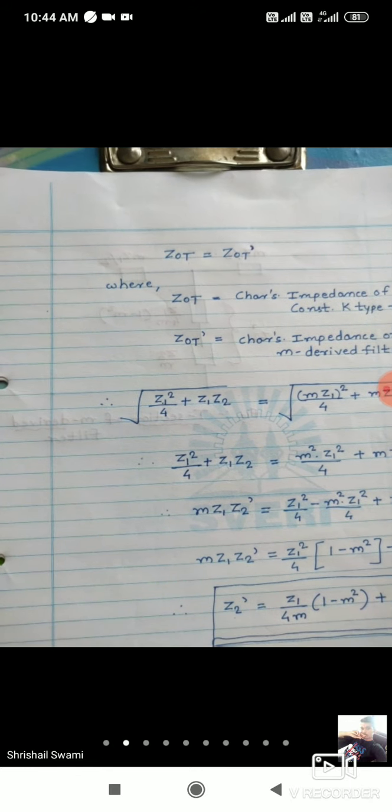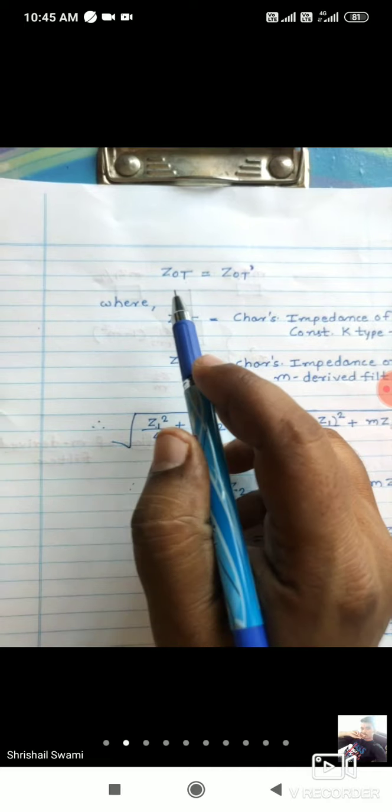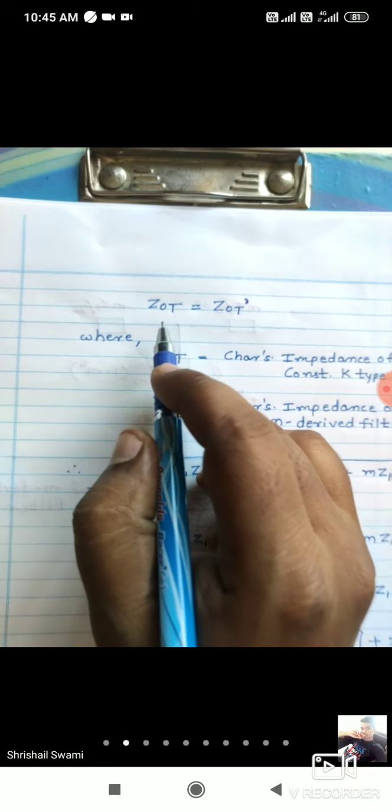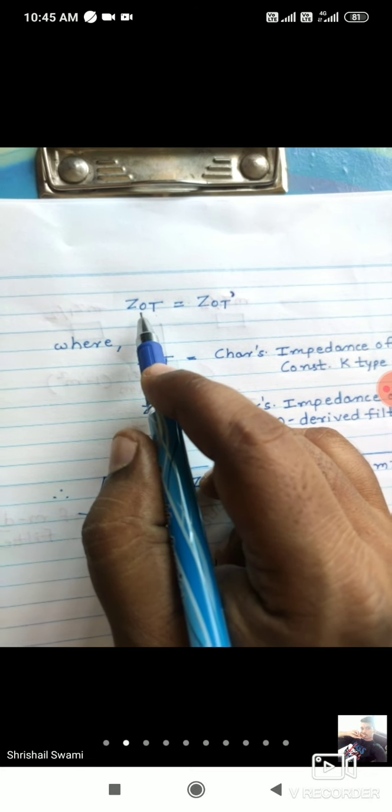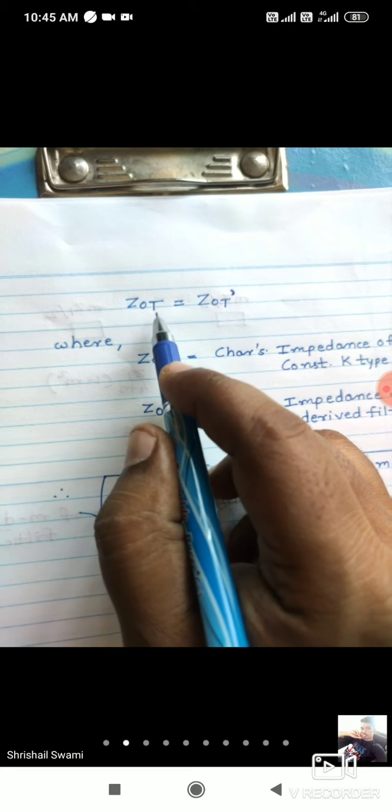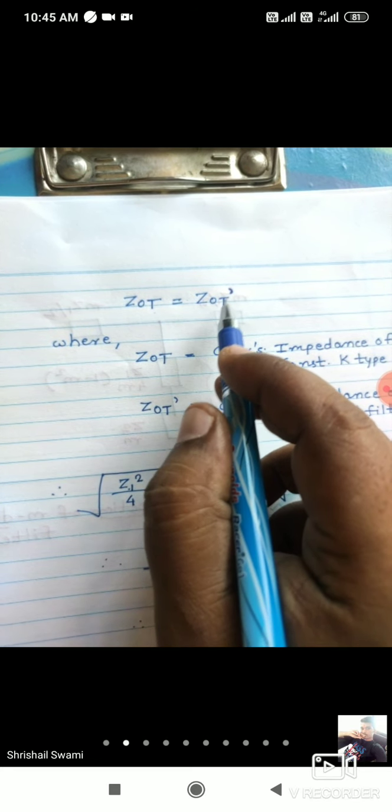Now there will be the derivation to obtain the expression of Z2 dash. As we know, Z0T already we have calculated. Z0 of T, T means T section, and Z0 of T dash.